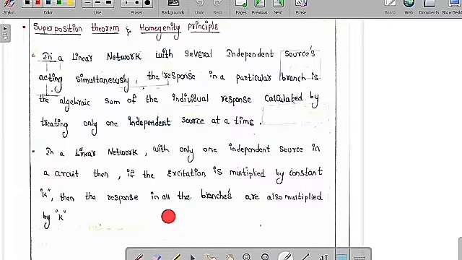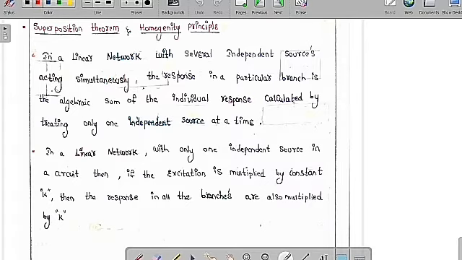If you increase this parameter by a factor k, then the overall response in any branch increases by the same factor. So when the input is increased by k, the output also increases by the same k. We call this homogeneity, and the other is called superposition.